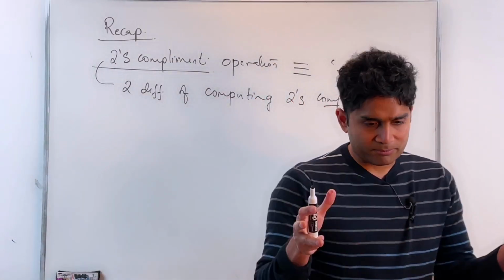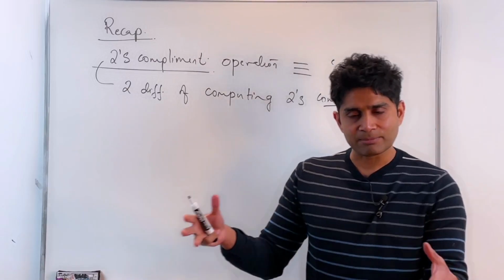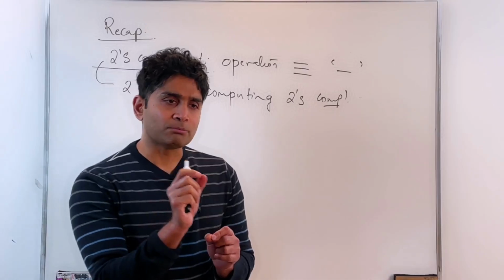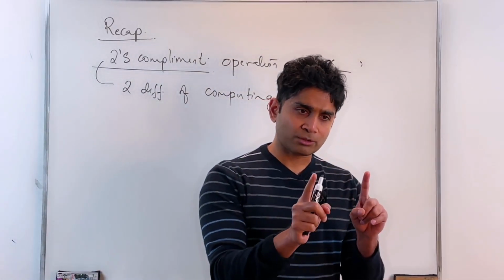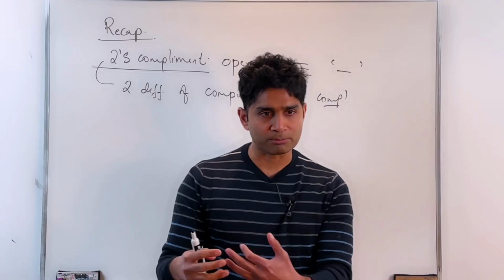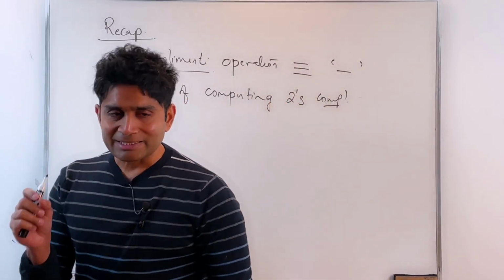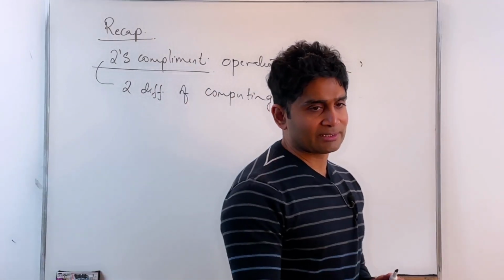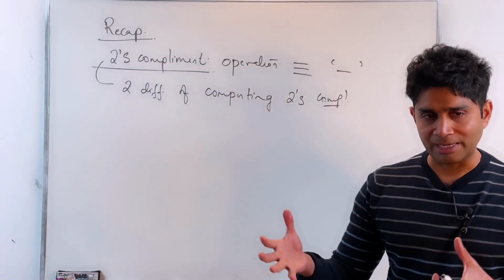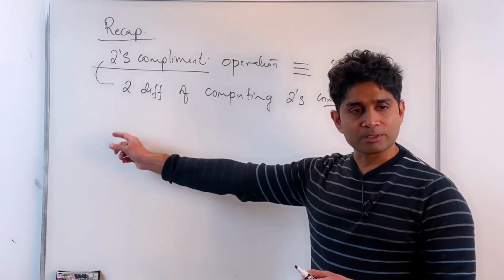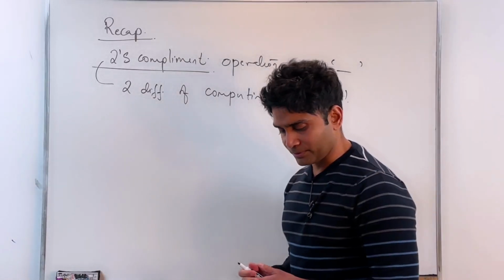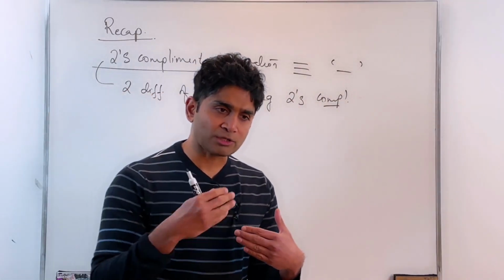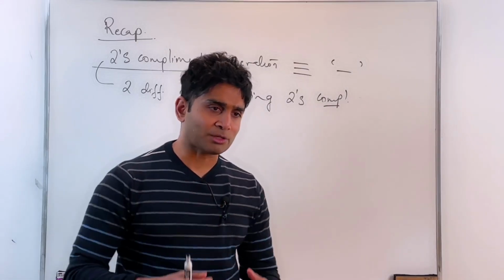Given a binary number, I complement each individual bit; when I say complement, 1 becomes 0 and 0 becomes 1. Then I add 1 to that resulting number, and I get the two's complement of that number. So by computing the one's complement and adding 1 to it, I get the two's complement.